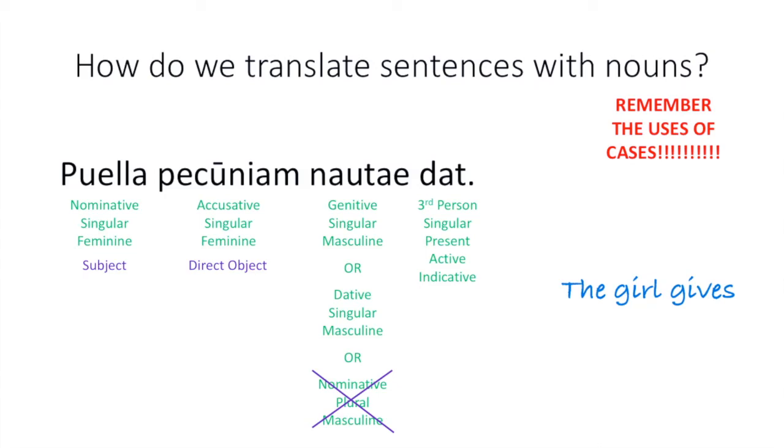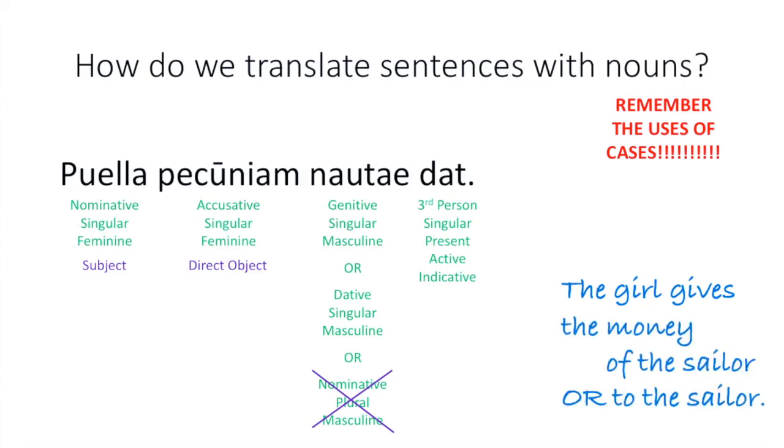For dative, we often use to or for, and that's a great way to translate an indirect object. We're doing something to or for someone. They're benefiting from it. So our possible translations are the girl gives the money of the sailor, or the girl gives the money to the sailor. Of the sailor, if it's genitive, dative is to the sailor.